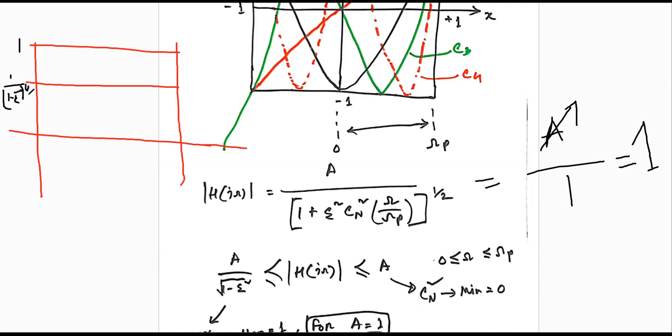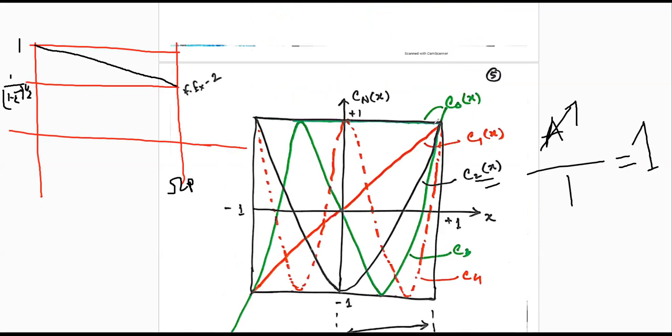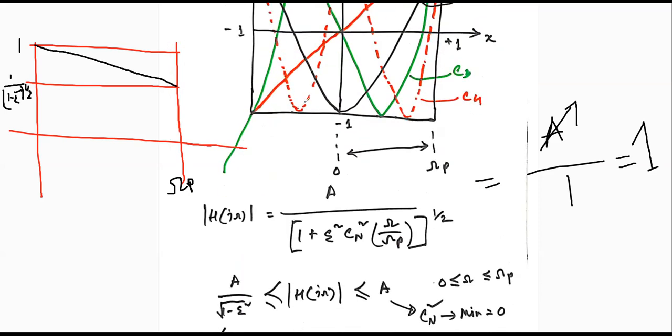So it will start with 1, and it goes straight up to omega p, a straight line. You agree with me? Because this is a straight line increasing, so that will be a straight line decreasing. Is that okay? And then it will suddenly go down.